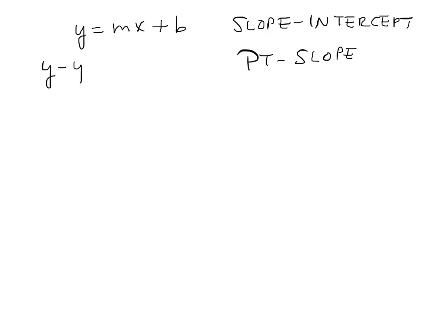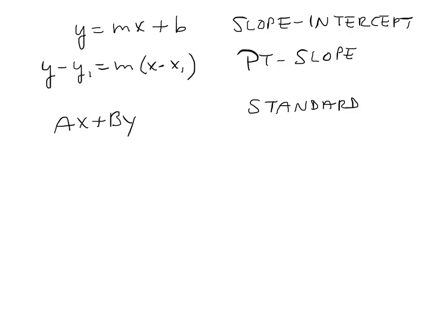So y minus y1 equals m times x minus x1, where x1, y1 is a particular point. And then we have our standard form, which is ax plus by equals c. Those are your three forms of lines which come up a lot. On that last one, a, b, and c are integers.